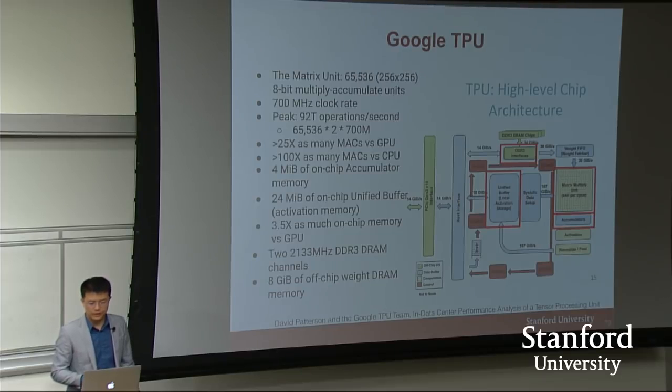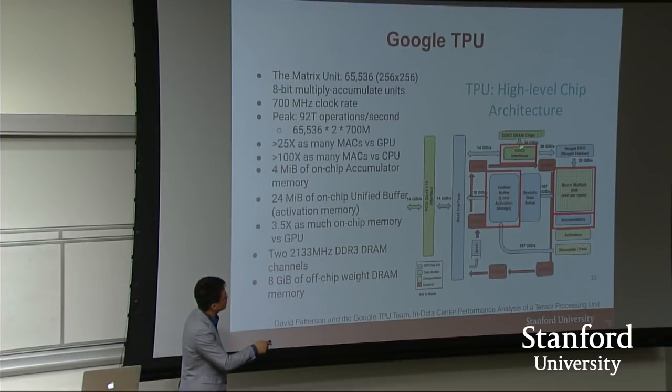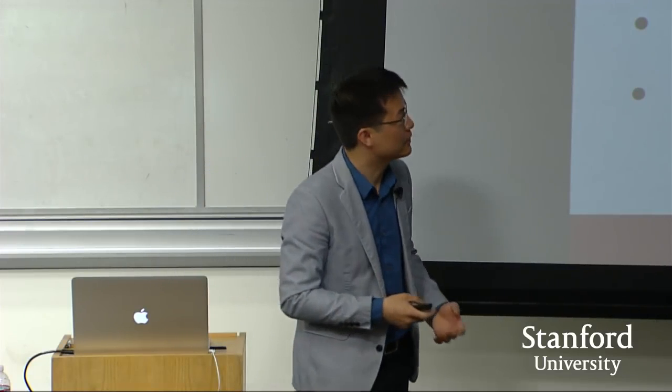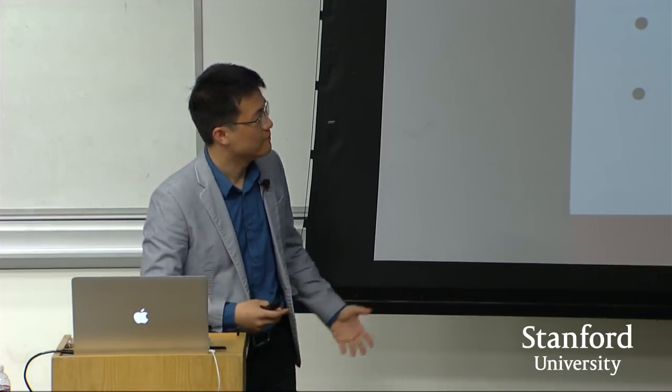This is a little weak because the bandwidth is only 30 gigabytes per second, compared with the most recent GPU's HBM, 900 gigabytes per second. But DDR4 was only released in 2014, so that makes sense because the design used DDR3 back then. If using DDR4 or even high bandwidth memory, the performance could be boosted even more.